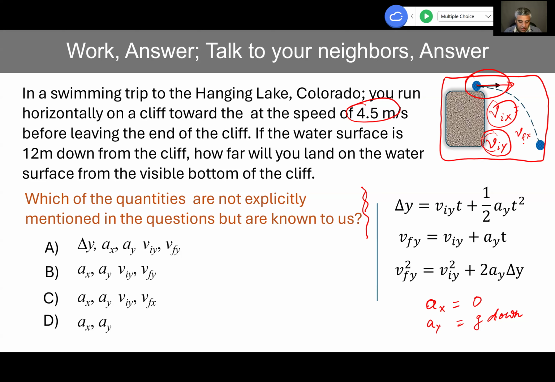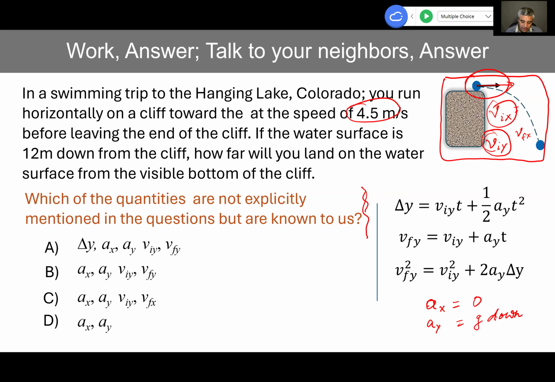So C is also a probable answer here, but to get to C, we need to read the question and think about it. But D, we can figure out even without reading the detail of the question once we know it is a projectile motion problem, okay?